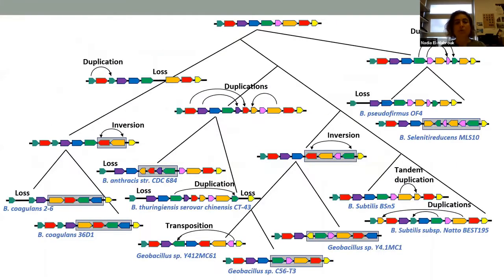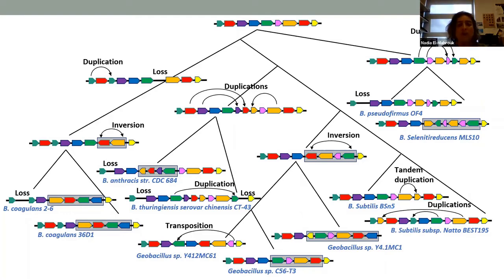For example, this figure is a simplified representation of the evolutionary history of tRNA operons in a number of Bacillus genomes, which has been published by my group in Molecular Biology and Evolution.